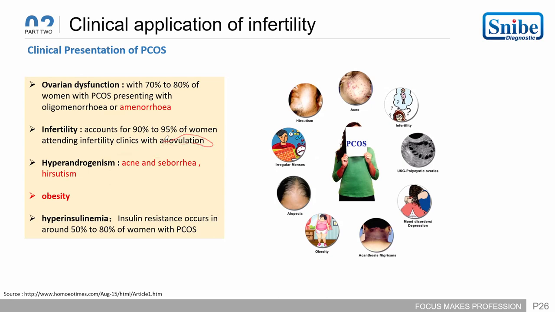There is no ovulation, so the stopping of the menstrual cycle occurs. That's why they are considered infertile during that time, either due to PCOS or because of menopausal age. Then there is hyperandrogenism, that is, acne, seborrhea and hirsutism, along with obesity and hyperinsulinemia.